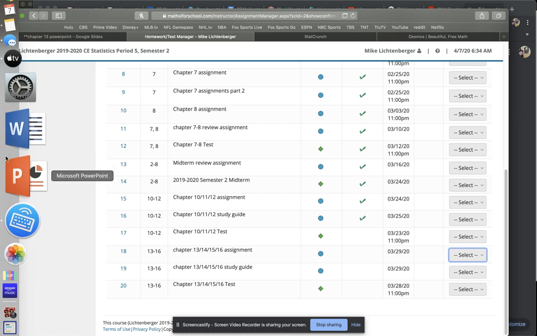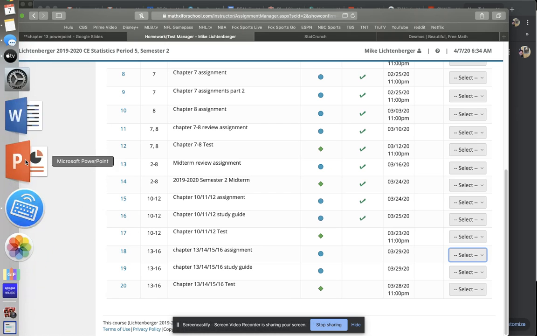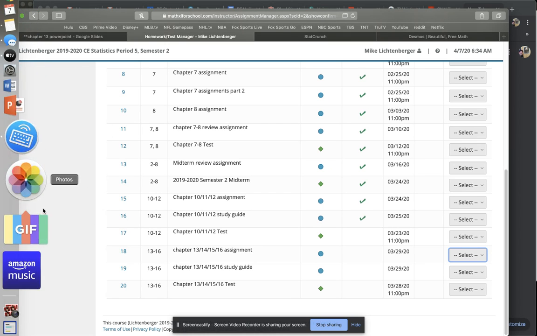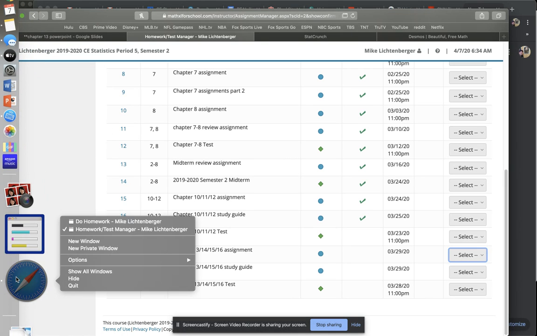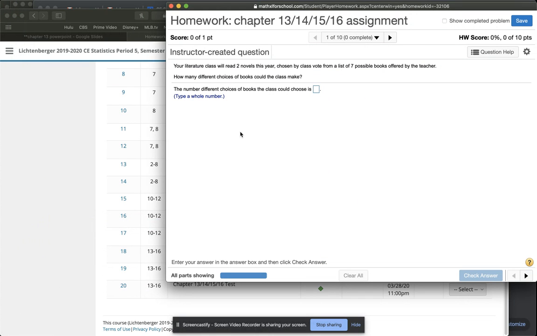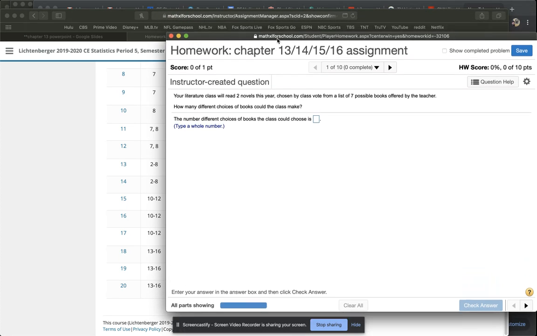And what I want to do is go over the questions on that assignment that have to do with chapter 13, which in this case are only the first 2 questions. So number 1 and number 2 on this assignment actually have to do with chapter 13.